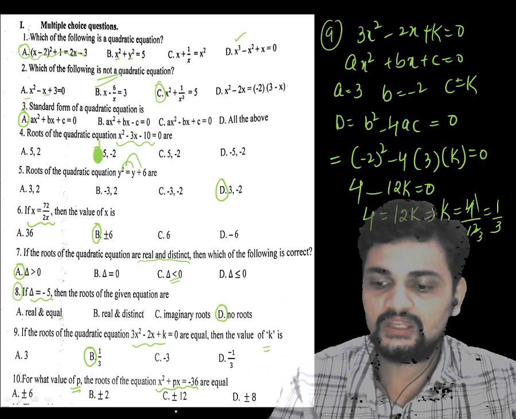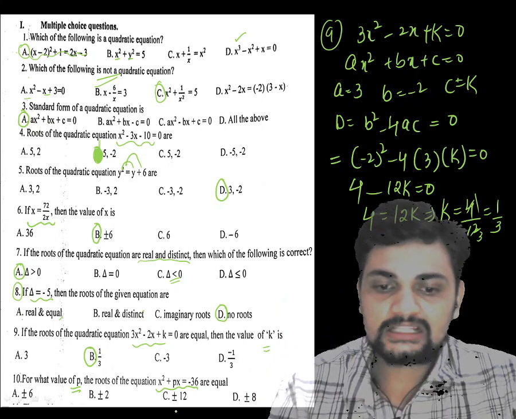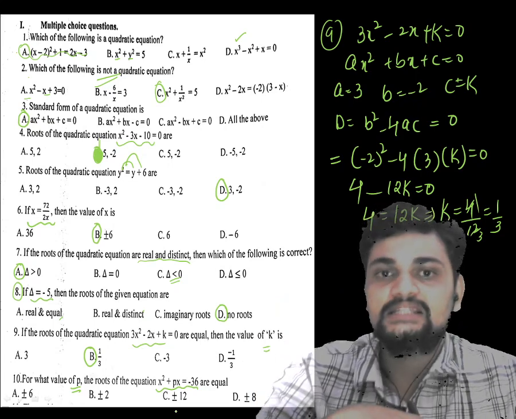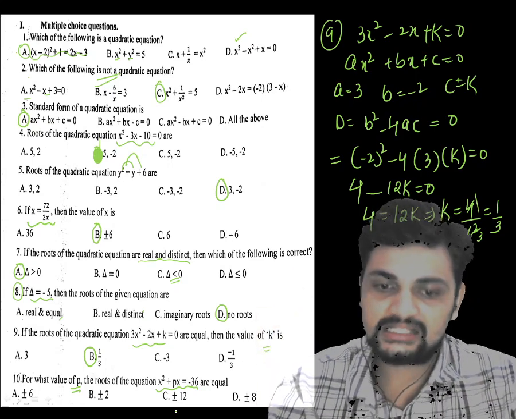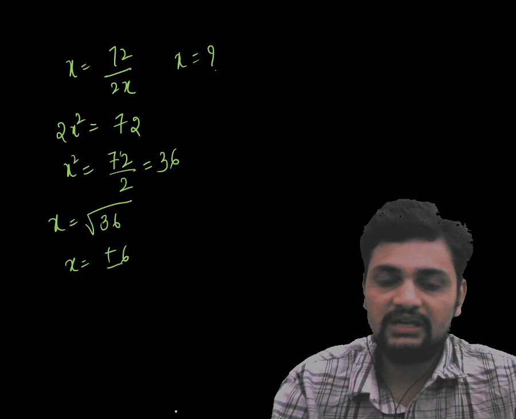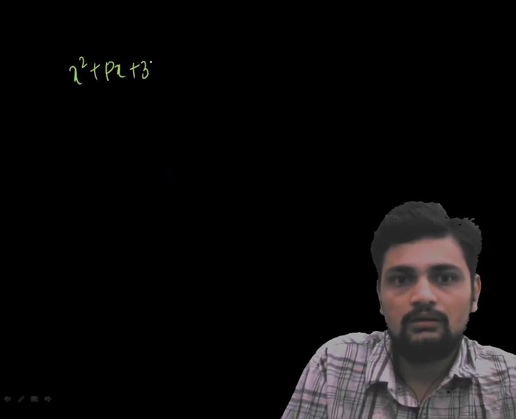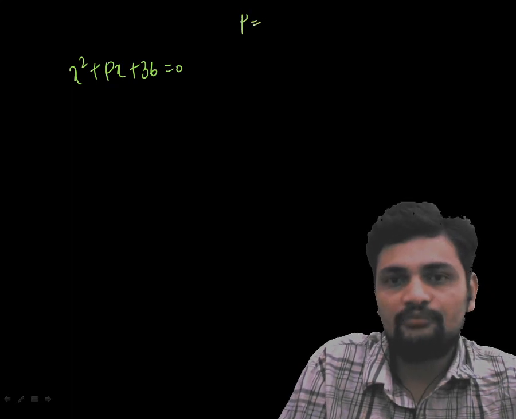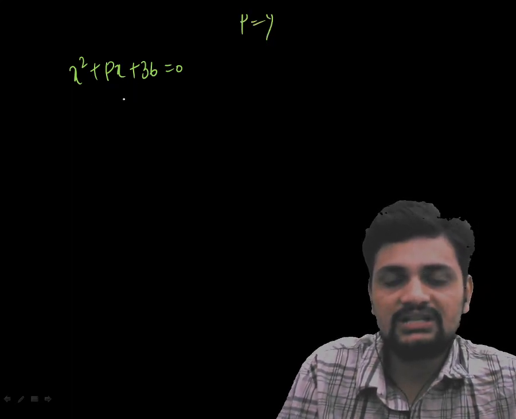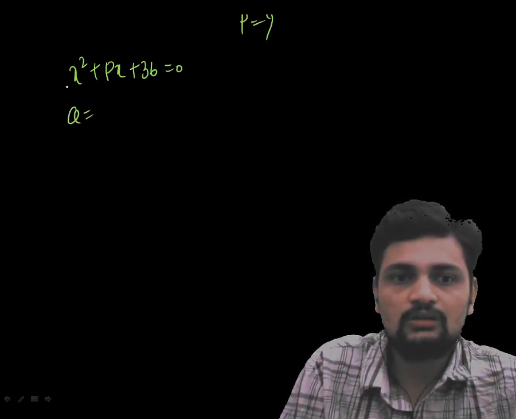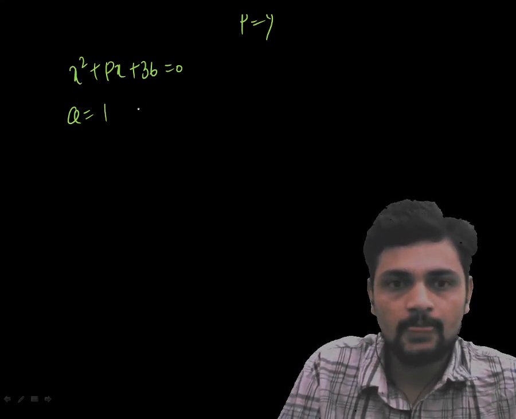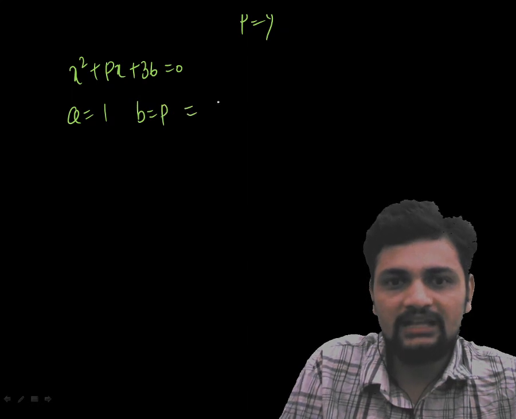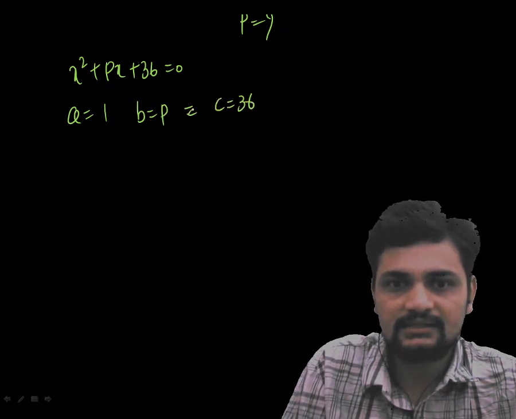So it will become x square plus px plus 36, because minus 36 from RHS, if it goes to LHS, it will become plus 36. x square plus px plus 36. Target is to find out the value of p. Comparing with the quadratic equation, you will get a as 1, the coefficient of x square is a, b is p, and the value of c is 36.